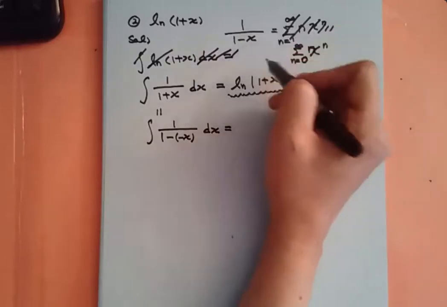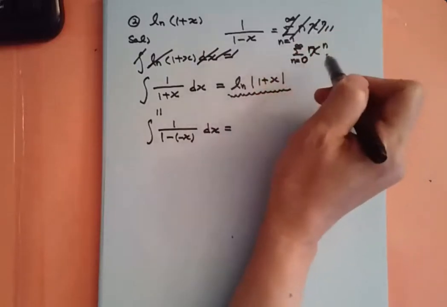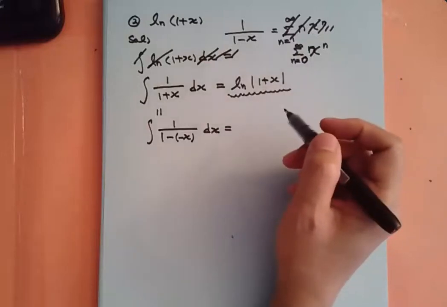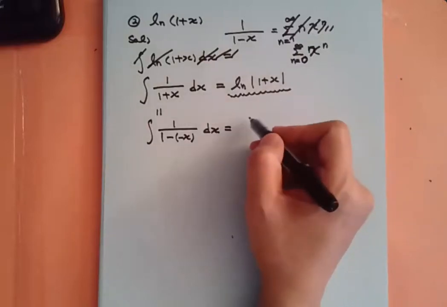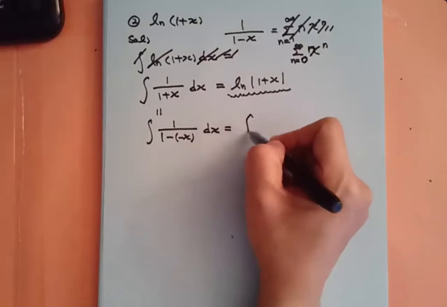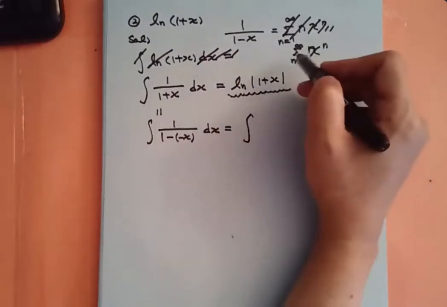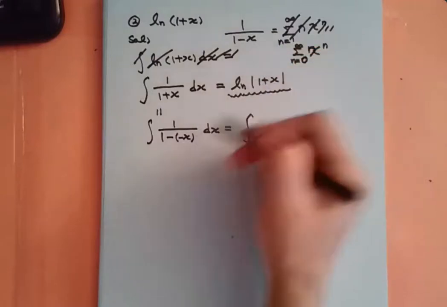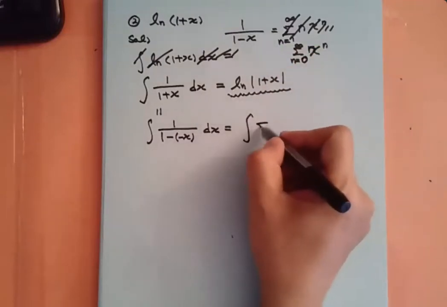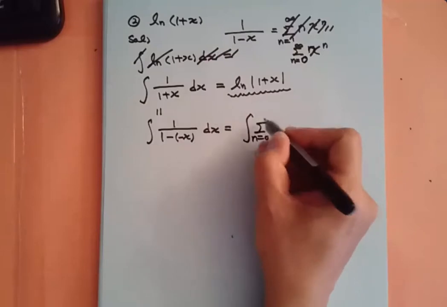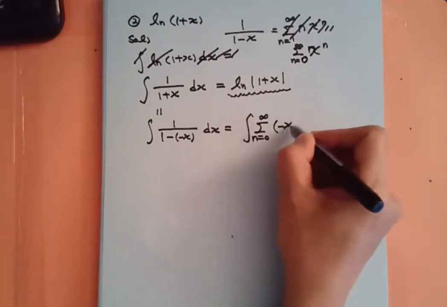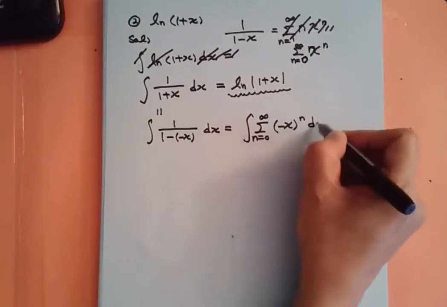Because we want to relate that with this formula, instead of x, we write negative x. And so we integrate the sum from n equals 0 to infinity of (negative x) to the n power dx.